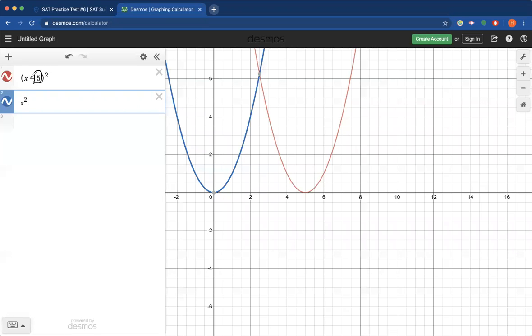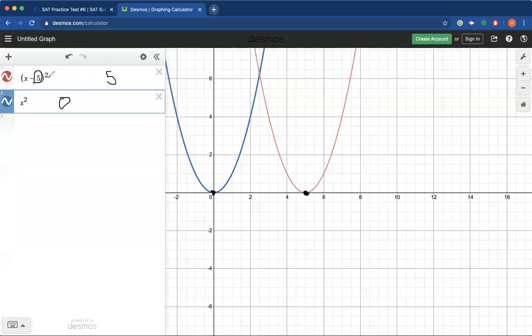But the easiest way to find out why this happens is just to plug in values for x. When we plug in 0 over here, we get 0, right? When we plug in 5 over here, we get 0. So we see by the numbers itself that we are flipping it.